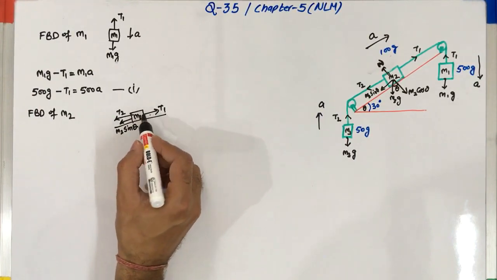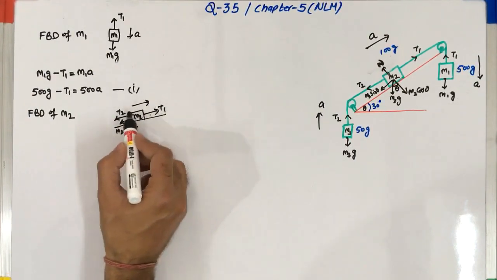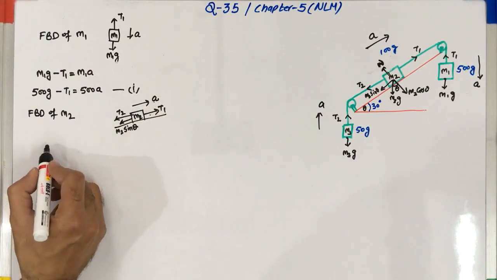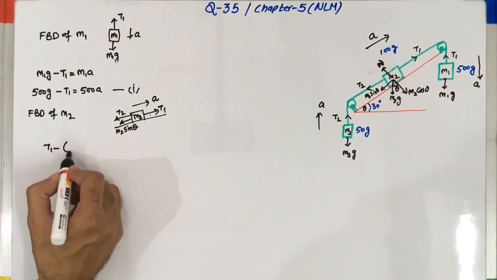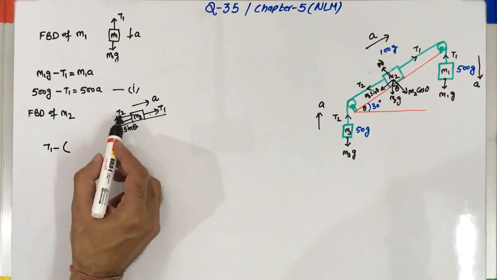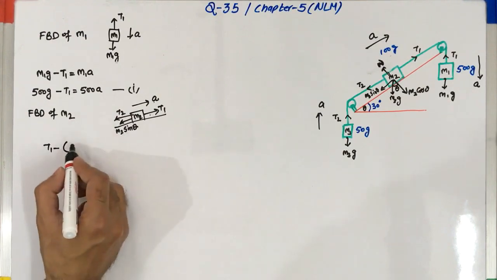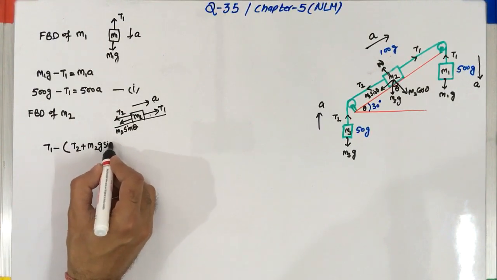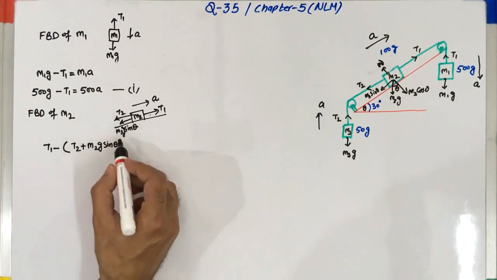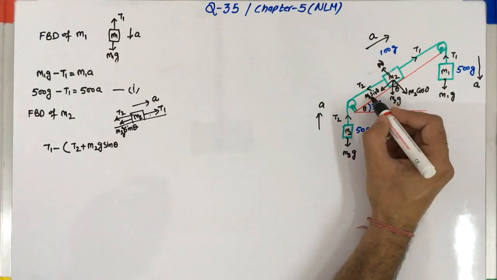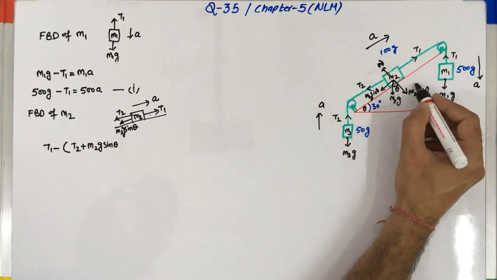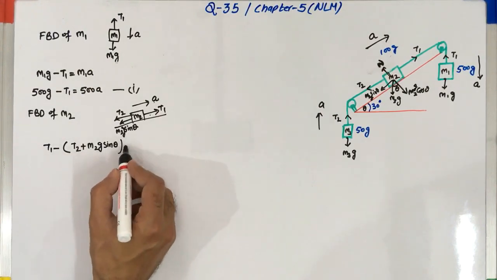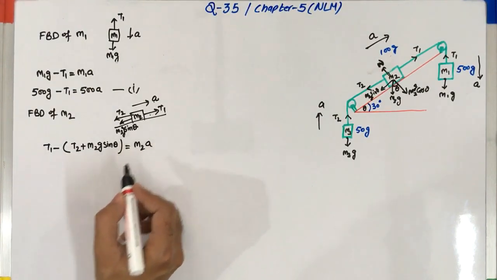The motion is in the right-hand direction with acceleration A. So the equation of motion becomes T1 minus, since T1 is greater than T2 plus M2G sine theta, T2 plus M2G sine theta equals M2A.